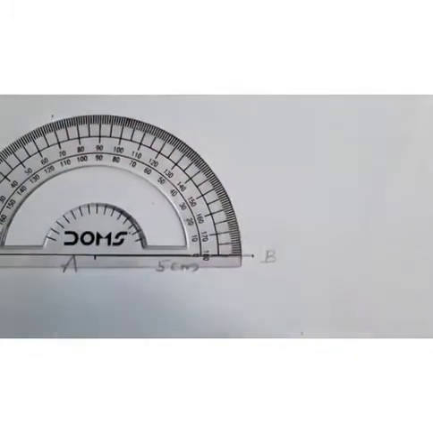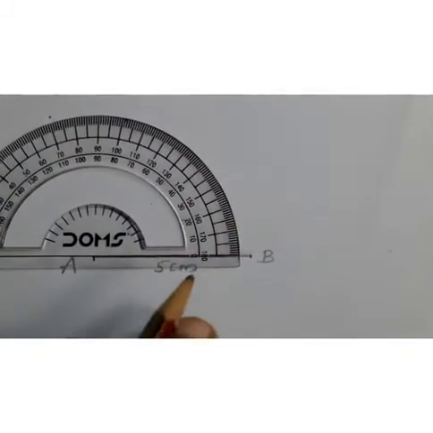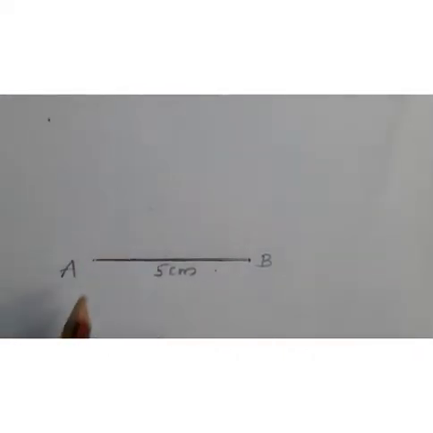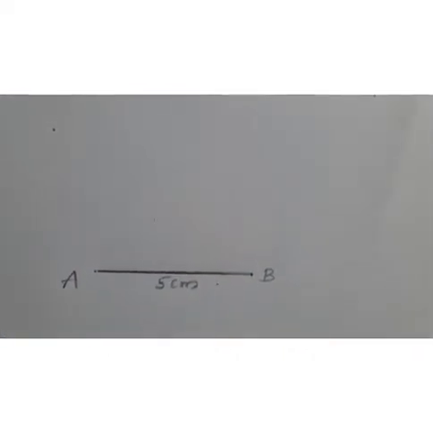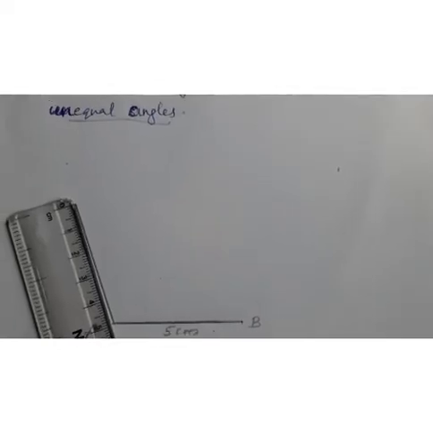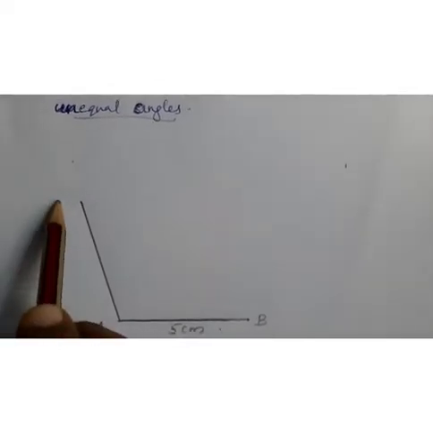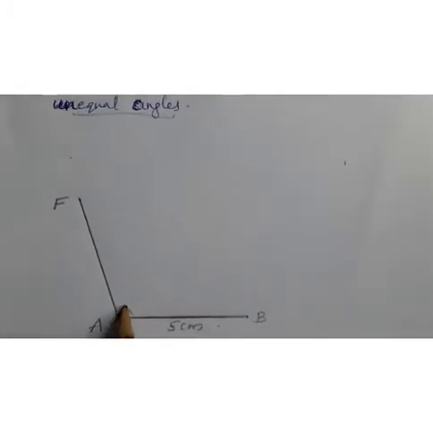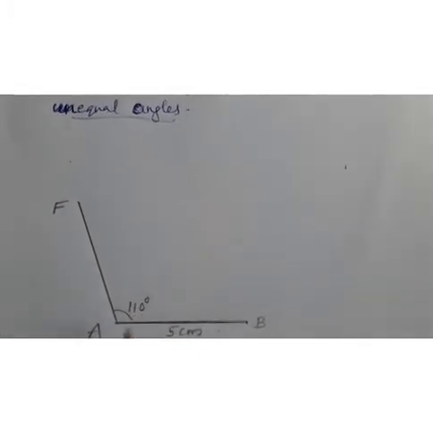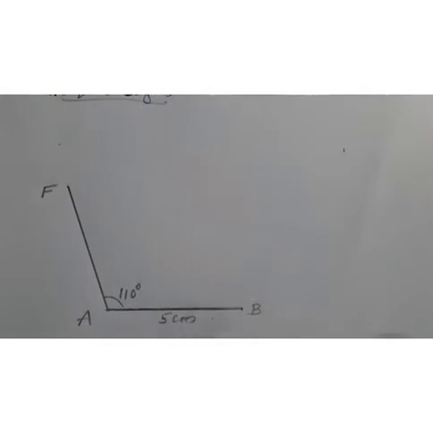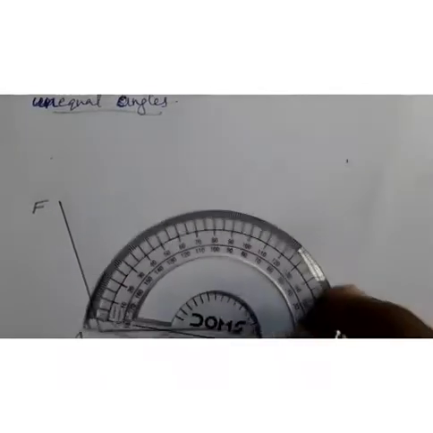Then draw a line of 5 centimeters, equal sides. Line 5 centimeters, and mark this point as F. Here I took 110 degrees. Same as that, at angle B also you should draw it.